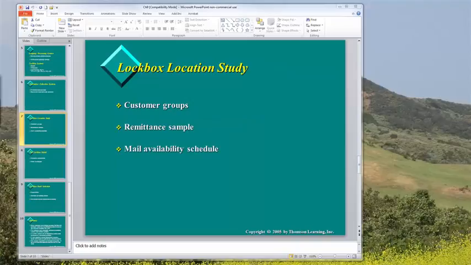Now the chapter continues on to look at various iterations of breaking down customer groups and remittances and mail times to try to find the optimal combination.